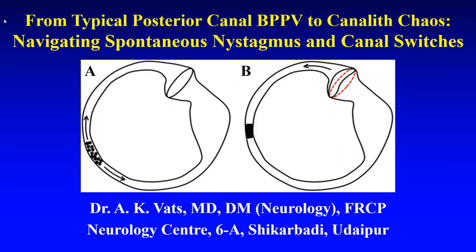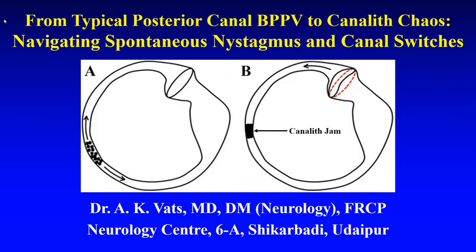And if it moves ampullofugally, there would be ampullofugal deflection of the left horizontal semicircular canal. That would mean a nystagmus beating away from the left, that is, a right-sided horizontal nystagmus. So what happens when the canal jam occurs?